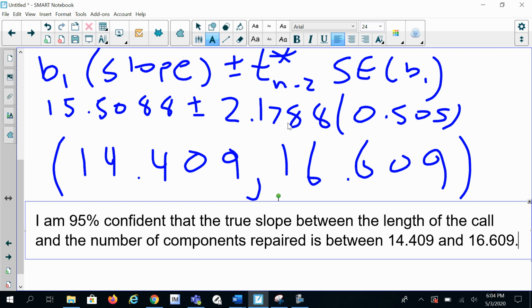And we're just not going to put the units, so we don't need to worry about it. Just put what the slope is, and there you go. So I'm 95% confident the true slope between the length of the call and the number of components repaired is between 14.409 and 16.609. Is that straightforward, ladies and gentlemen?